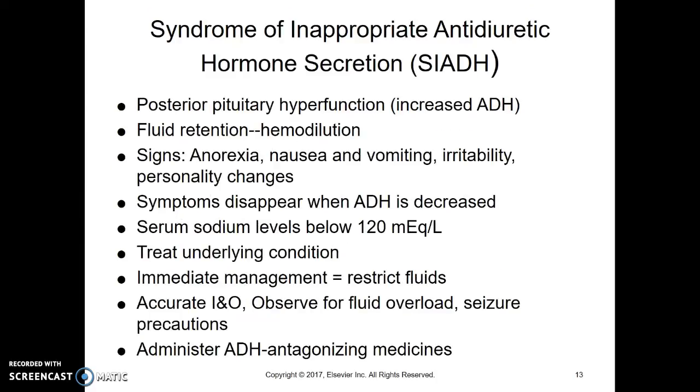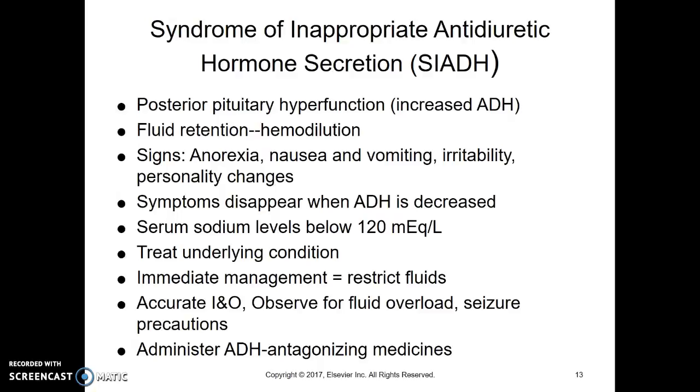So the opposite is SIADH, syndrome of inappropriate antidiuretic hormone secretion. So this is a hyperfunction or hypersecretion of ADH, right? So ADH stops you from peeing, so this stops you from peeing too much. So you're going to retain fluid.